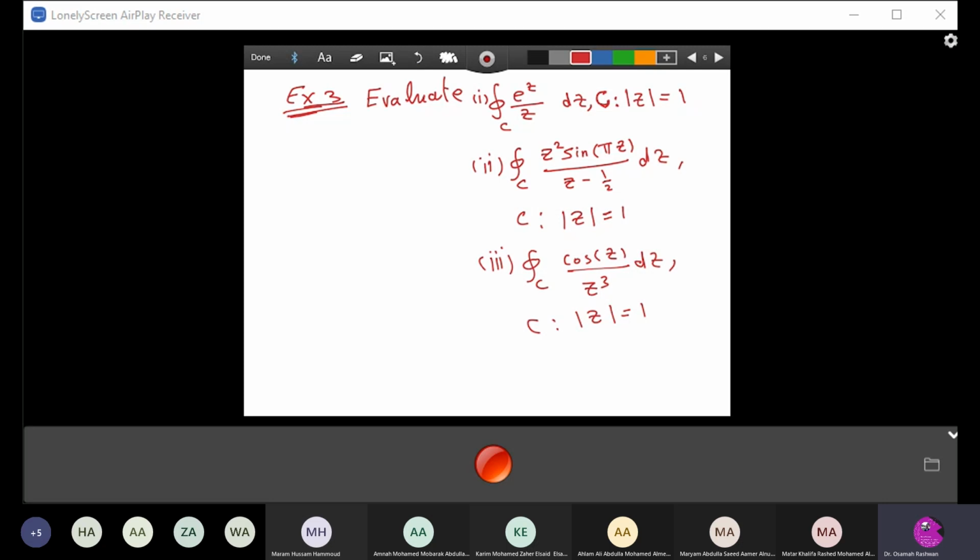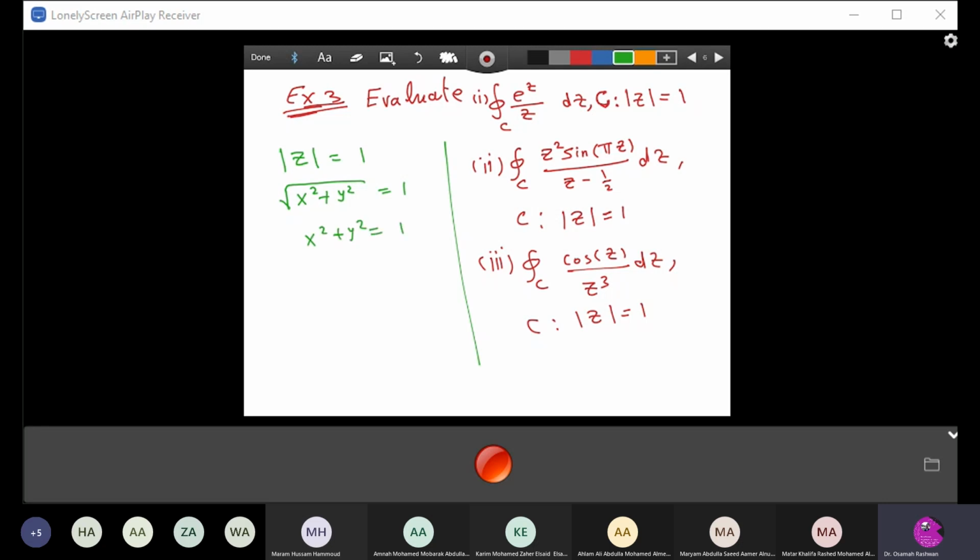Okay. Now, before we start solving any question, we have to discuss what we have to know. Yes, we have to know what absolute value of z equal to 1 means. Yes, I know the magnitude of z is the square root of x squared plus y squared, equal to 1. Now I square it, so I have x squared plus y squared equal to 1.